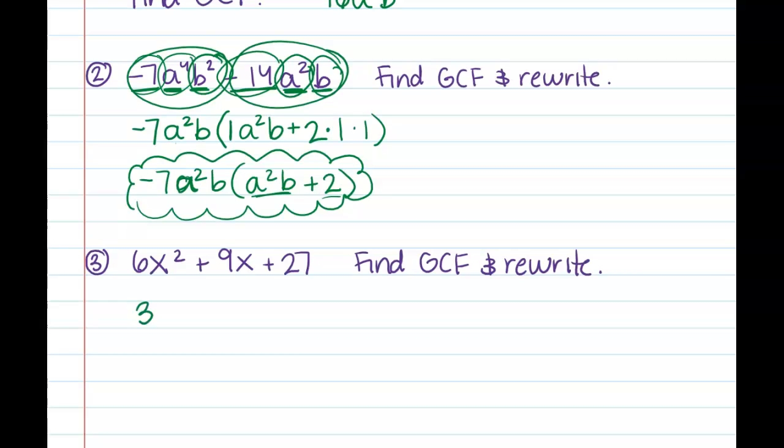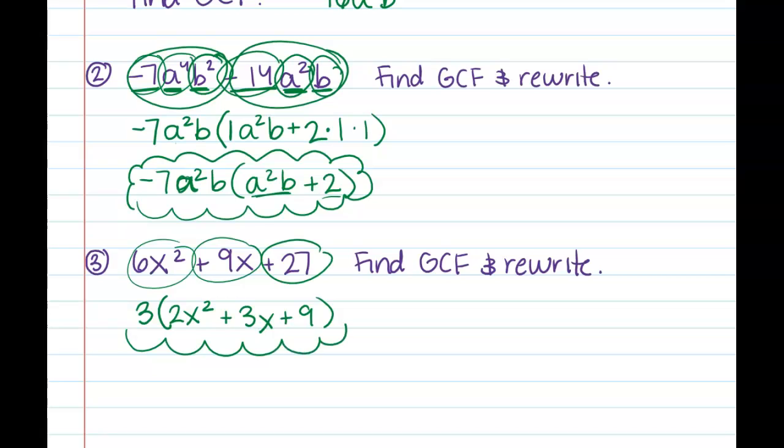As far as the x's, since the 27 doesn't have any x's, we actually can't factor any of those out. So we'll just look at 3 times what equals 6x squared. That's 2x squared. 3 times what equals 9x, so plus 3x. And 3 times what equals 27, that's plus 9. And as far as just the GCF piece, then we're done.